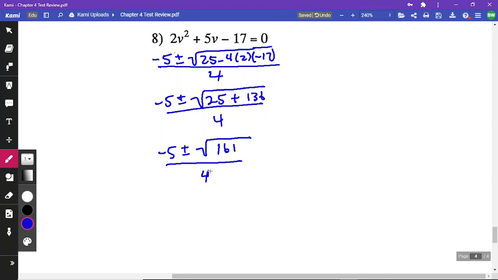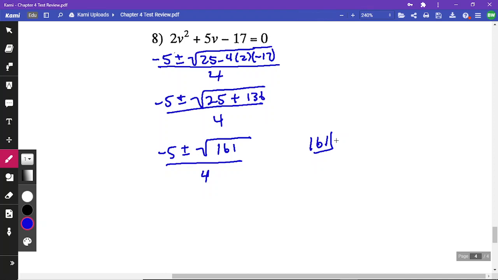Okay, so we have to factor this 161. You try numbers: 3 will not go into it, 5 won't go into it, of course 2 won't go into it, so you just keep trying primes. So we're going to take 7. I'm actually just going to let you guys try that.